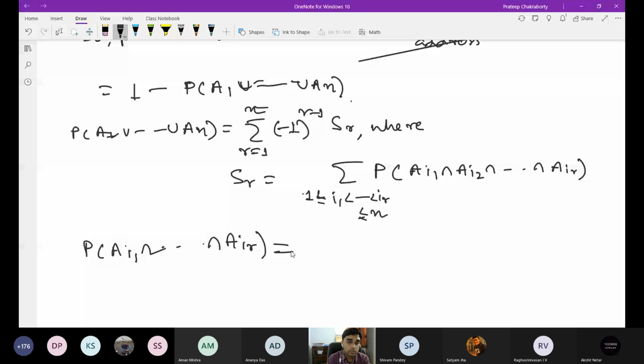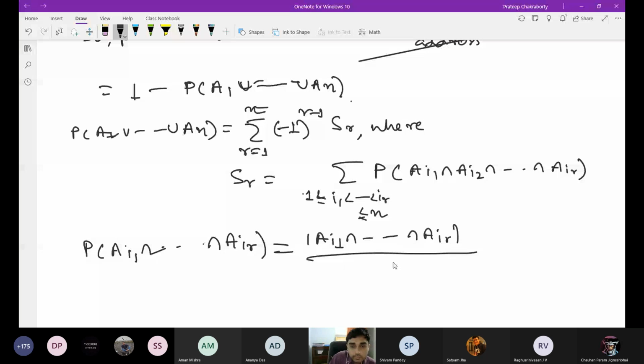So this will be 1 by r factorial, maybe. No, not exactly like that, but okay, I think quite correct. Not exactly, but correct. This is close to that. So what is this? This is the number of elements in AI1 intersection AIR by the total outcomes, like n factorial.